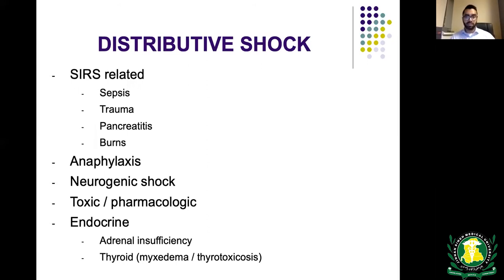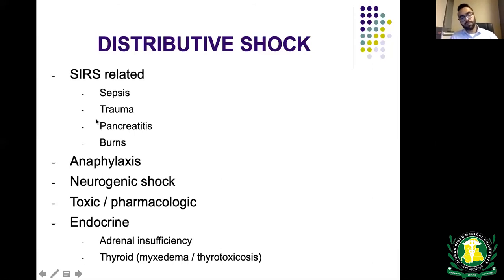Patients undergoing major surgery, that's a significant stress to the body, and that alone can also induce shock. So you have to keep up with all your resuscitative efforts that should correspond to the amount of trauma that is being induced to the patient. And then pancreatitis and burns, they're all SIRS related.